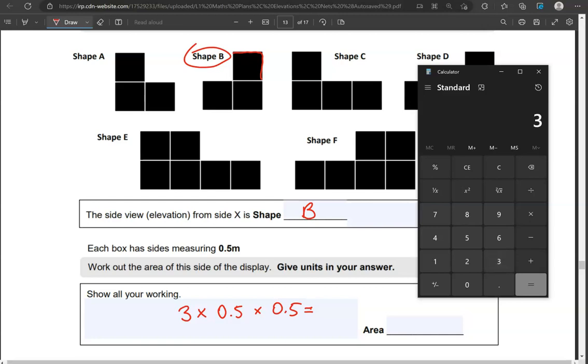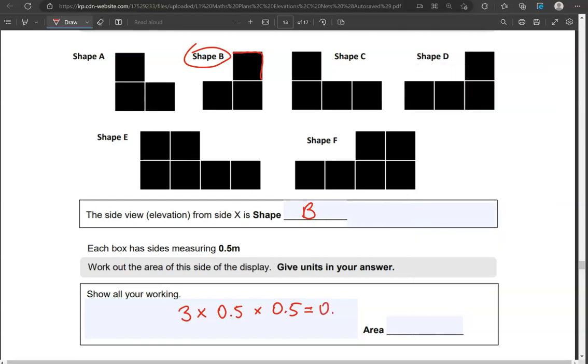So 3 times 0.5 times 0.5 gives us 0.75 square meters.